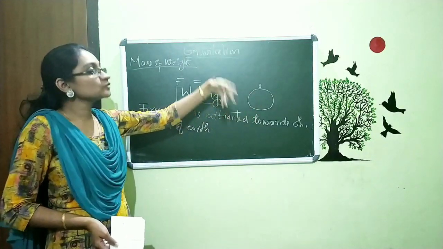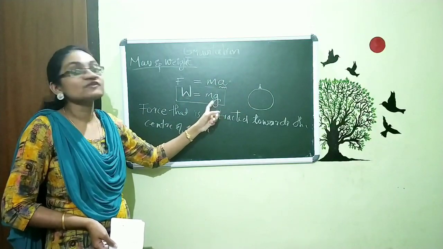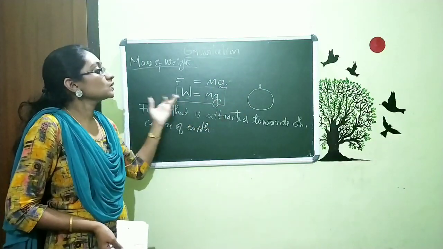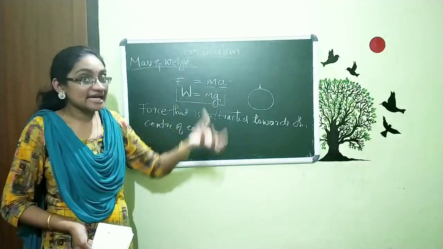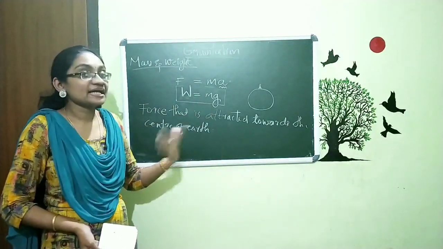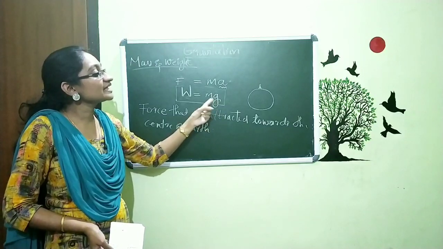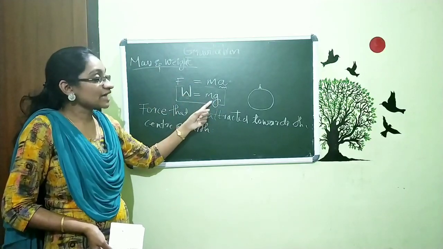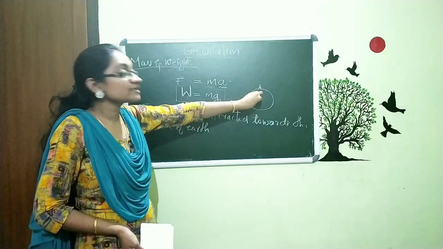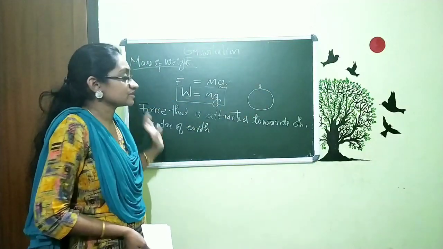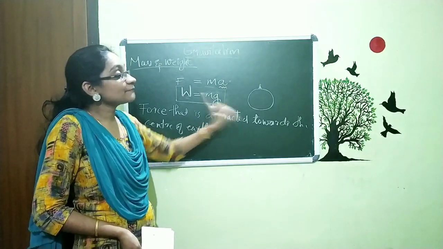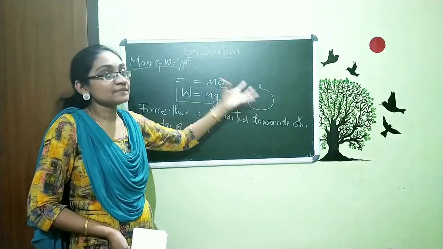When we are moving to Moon, it has another value of g, and so there we get another value of weight. And when we are moving to Saturn, it also has another value of g. This is what we measured or calculated by using the mass of Earth, the radius of Earth, and the universal gravitational constant. So this g depends upon the radius of the Earth and the mass of the Earth.